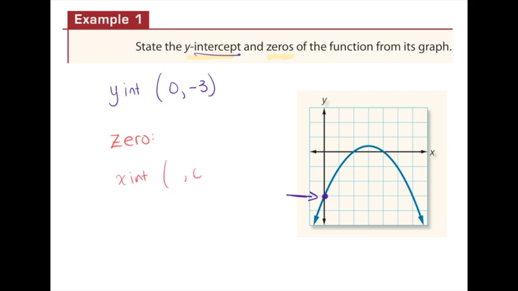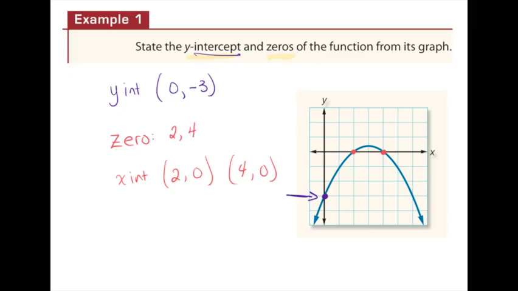The x-intercepts are always going to have a y value of 0. So that's going to be where this happens, right here and right here. All right, and so I'm going to say, well, this one is at 2, and this one is at 4. So my zeros are the x coordinate of those. So my zeros happen at 2 and at 4.